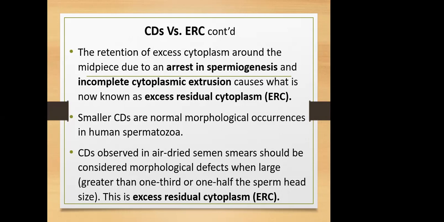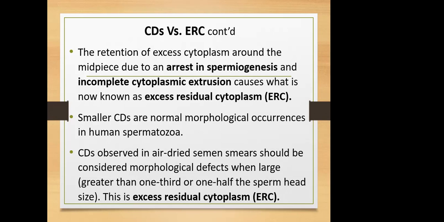And you see that procedure is within the spermiogenesis phase. I hope you are following it, and you are not confused. The extrusion and then the phagocytosis are all part of the processes of spermiogenesis. Now, since there has been an incomplete cytoplasmic extrusion, then what can we say? You can say that there's an arrest in the spermiogenesis phase, so you call it spermiogenesis arrest.